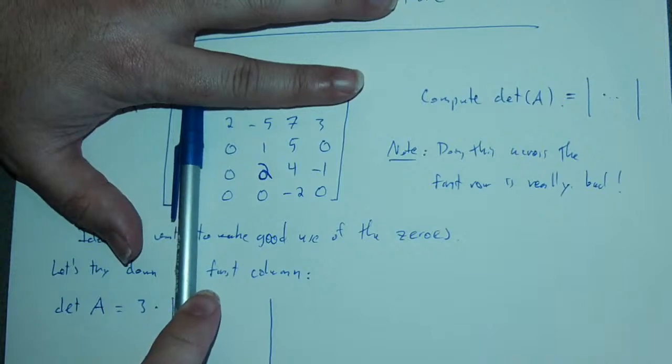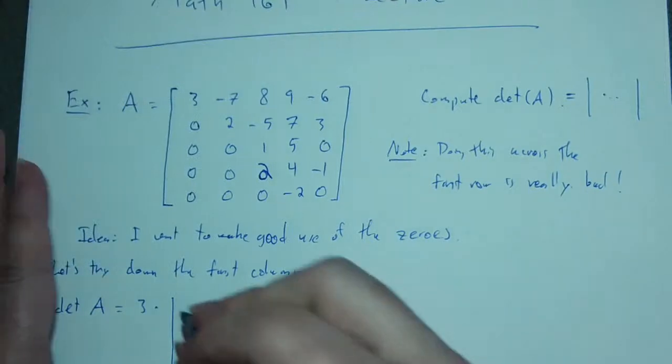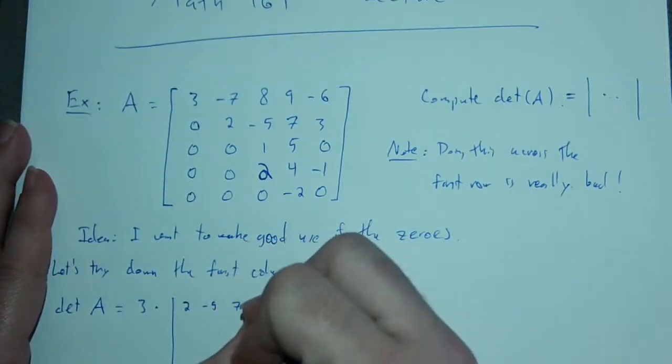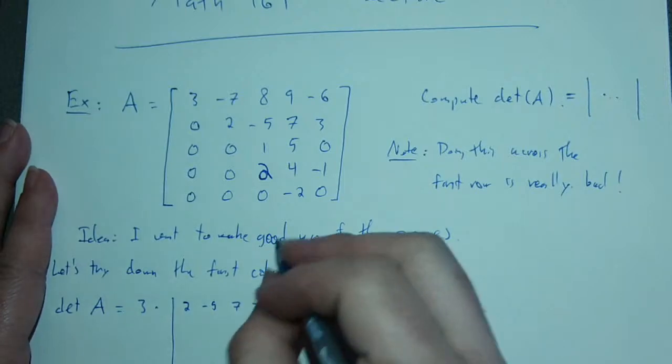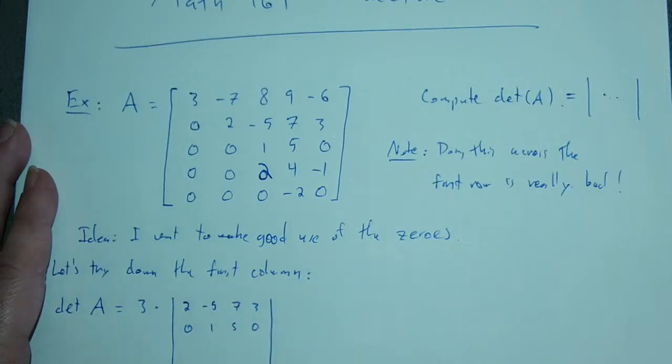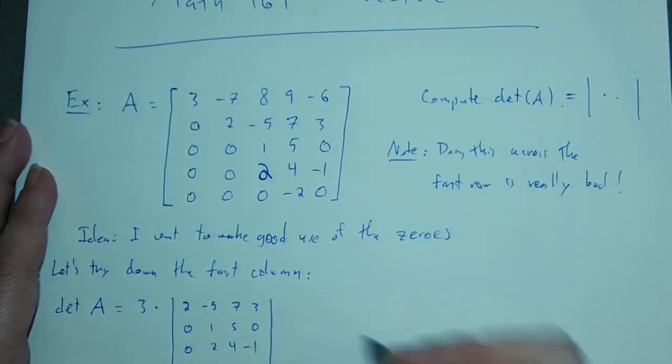So that is the resulting 4 by 4 matrix that I have to copy here. So this is 2, minus 5, 7, 3, 0, 1, 5, 0, 0, 2, 4, minus 1, and 0, 0, minus 2, 0.